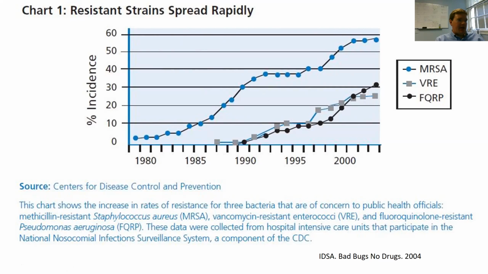But you can see all of a sudden VRE is never heard of, and then becomes 25% of healthcare associated enterococcal isolates by the early 2000s. And then the black dots are fluoroquinolone resistant Pseudomonas, which was quite rare and quickly became very common. So really, I think what's striking here is that these things develop pretty quickly.